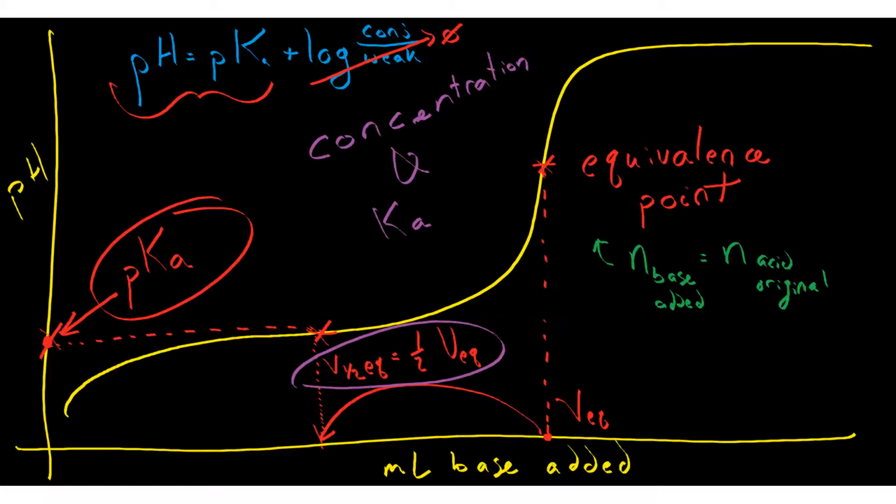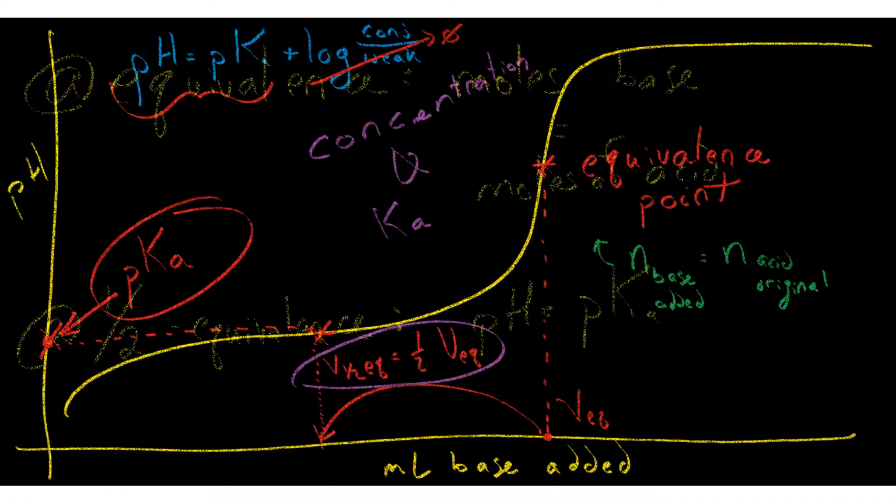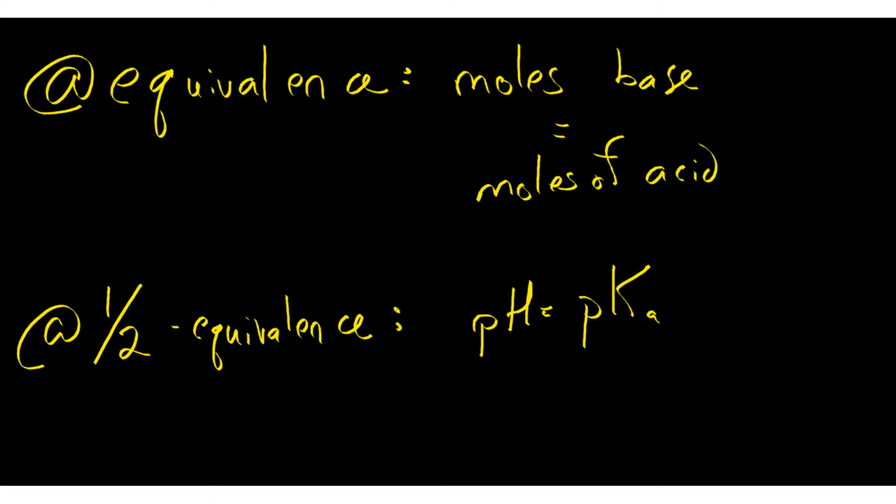Not cool, but neat. So just to emphasize, one final little drawing picture thing. At equivalence point, the moles of base you've added are equal to the moles of acid you originally had. So just by finding the equivalence point, you find the number of moles of acid in your solution. You can find the concentration. And then that also gets you the 1/2 equivalence point where pH is equal to pKa.